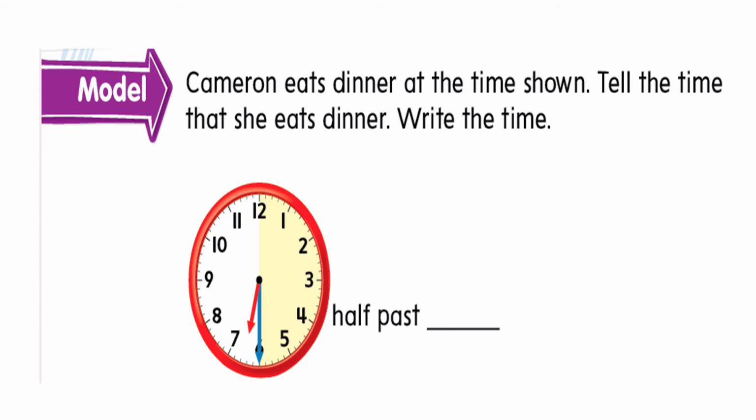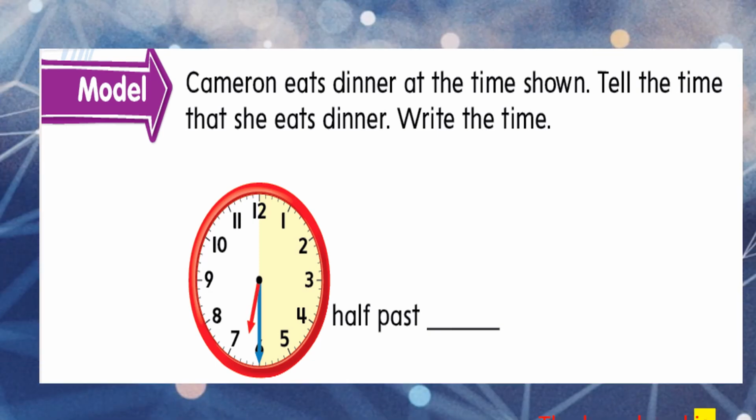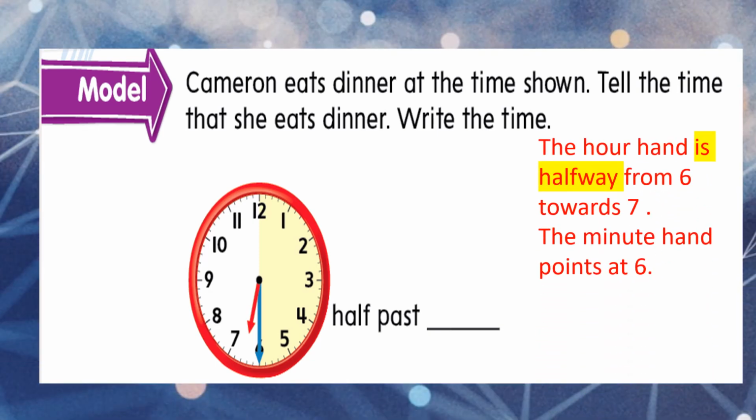The hour hand is halfway from 6 toward 7, and the minute hand points at 6. Very good, Ali. That's correct. The hour hand is halfway from 6 toward 7, and the minute hand points at 6. And so the time now is 6:30.